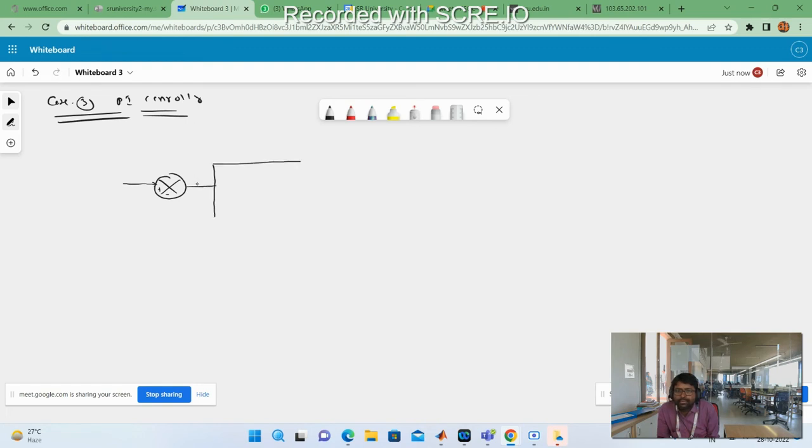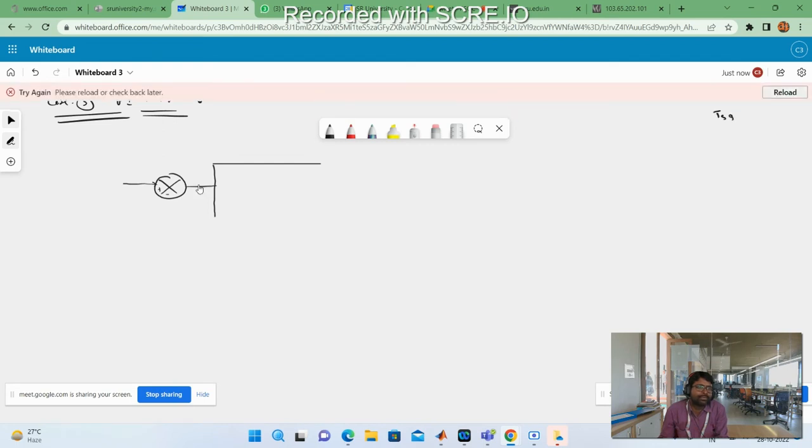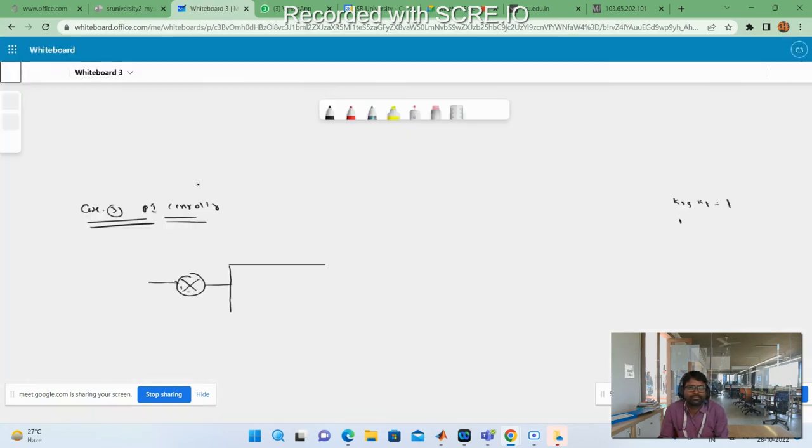Again, I want to use the same parameters. One is KSG into KT equal to 1. TSG equal to 0.4 and TT equal to 0.5.